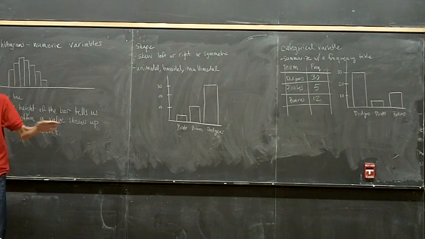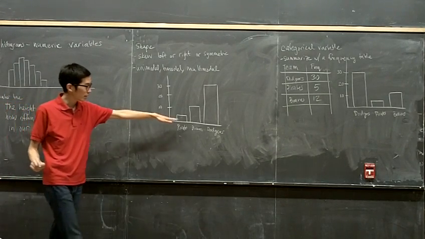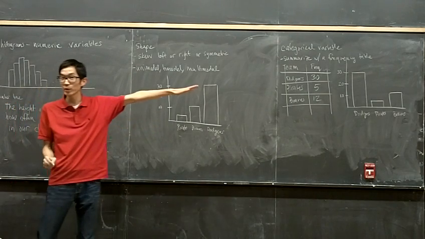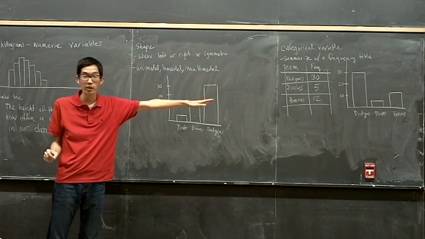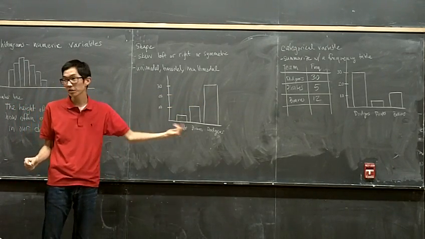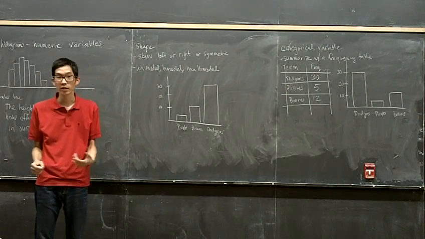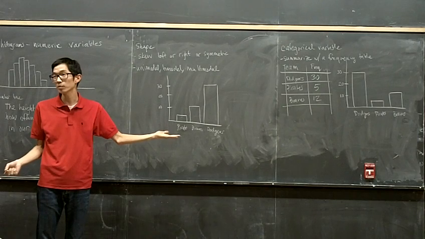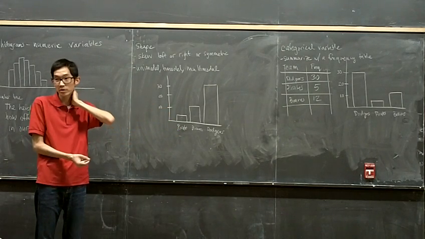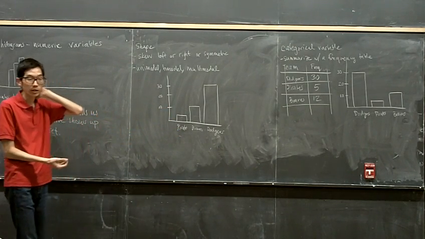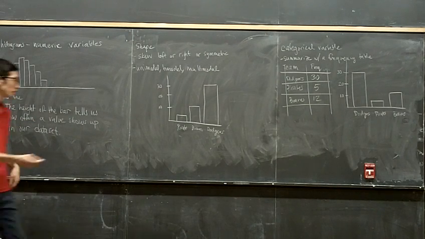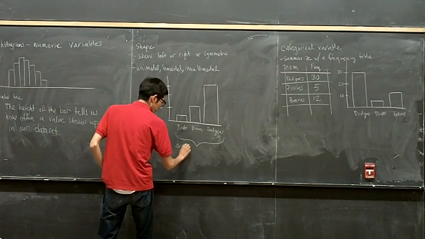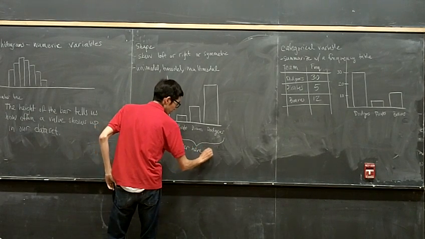This bar chart presents the exact same information as that bar chart. All I did was rearrange the columns. I can do that because with categories, the order of the categories is completely arbitrary. The order here does not matter.